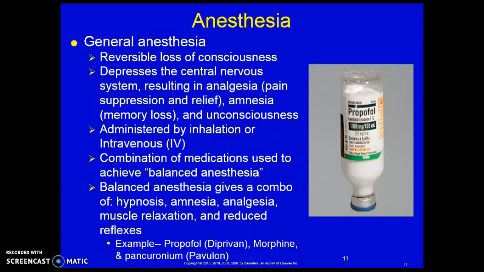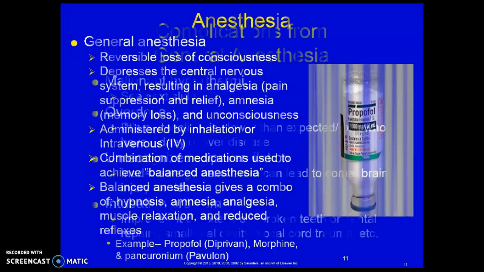We give this with either an inhalation or intravenous route, so neither one of these would have a first pass. A combination of medications is used to achieve balanced anesthesia. You'll see an example at the bottom, like giving morphine, Pavulon, and propofol, all of which work in different ways to achieve this combination of anesthesia.